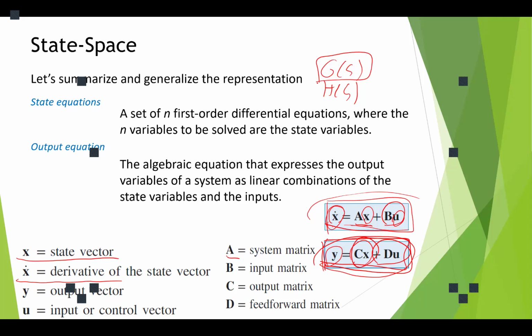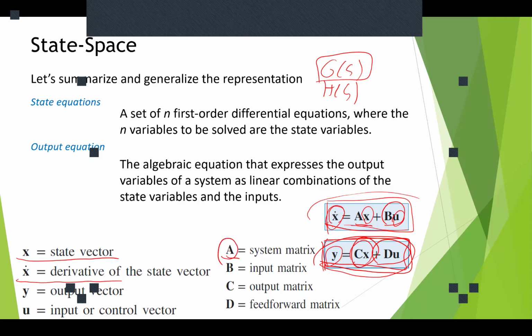And we said that transfer function actually represents the behavior of our system. Now, we call this matrix A system matrix. So it represents the behavior of our system. Now look at this formula. If we have 0 initial condition, what does that mean?